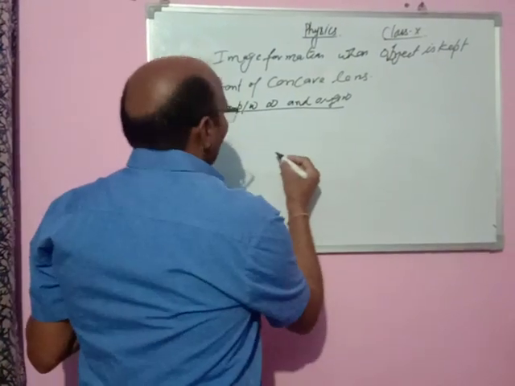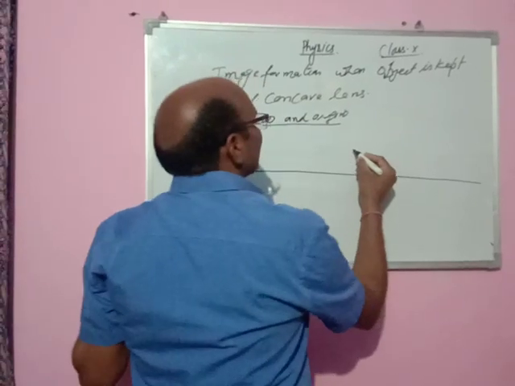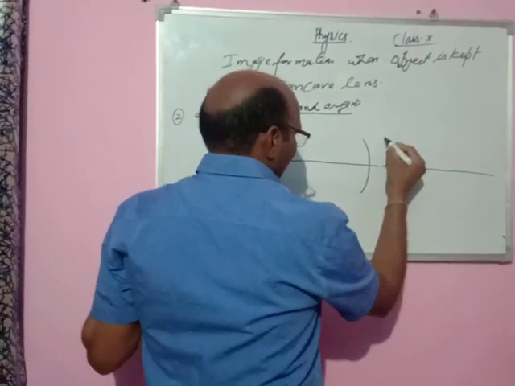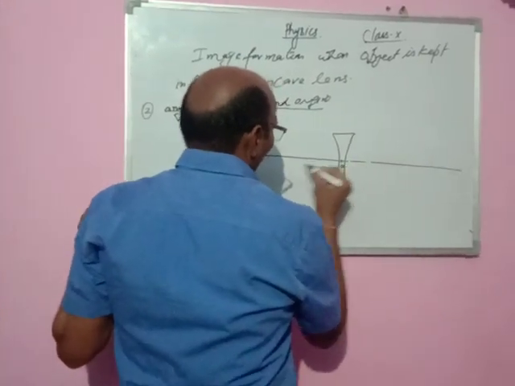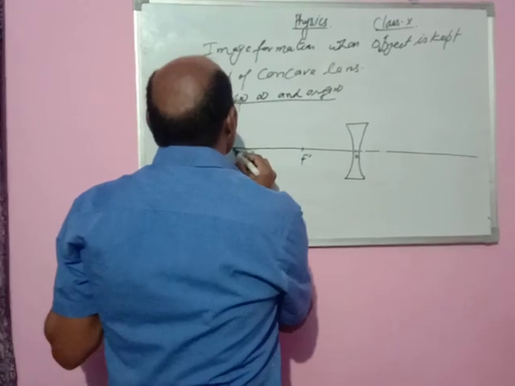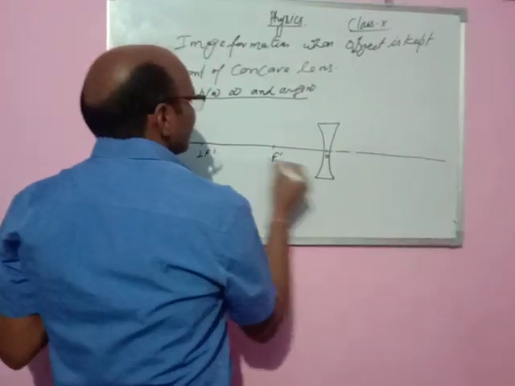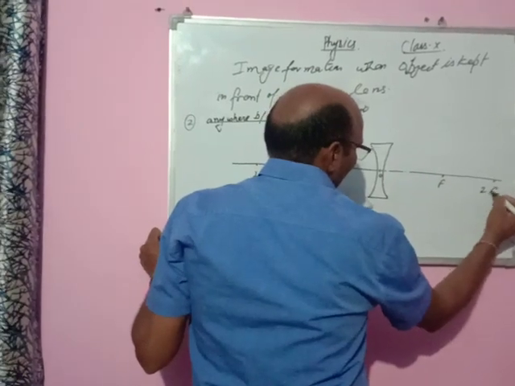So the image will be as, again this is concave lens, O, F dash, this is 2F dash, this is F and 2F.